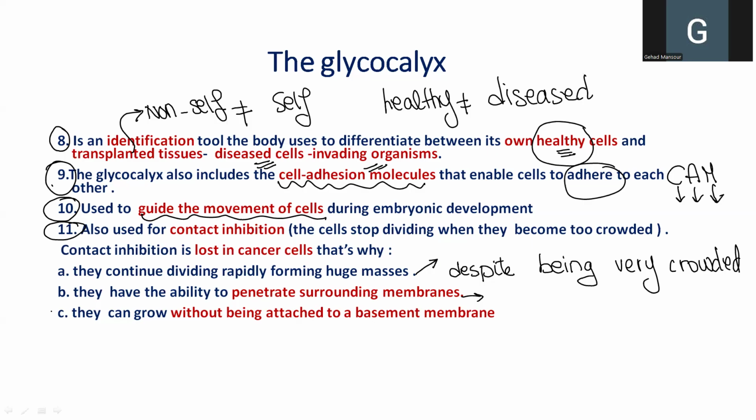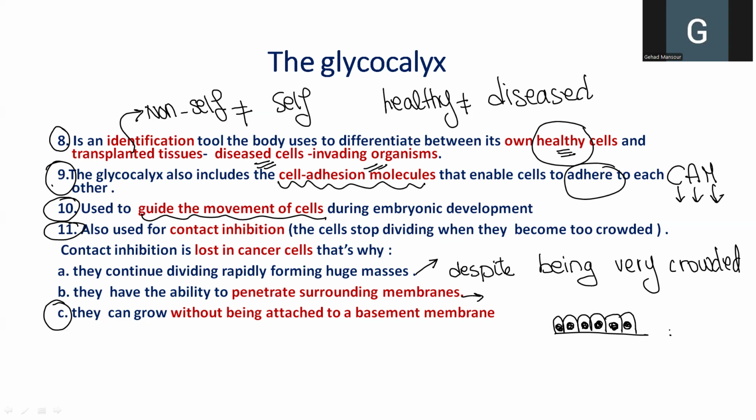And they also have another characteristic that is a bit unrelated, which is that they can grow without the presence of a basement membrane. Because as you know, all endothelial cells, for example, and epithelial cells grow and divide on top of a supporting basement membrane.